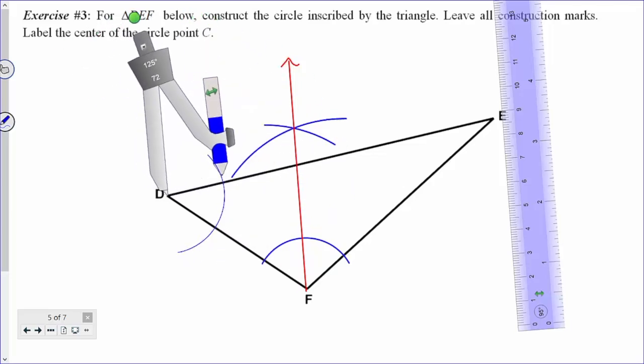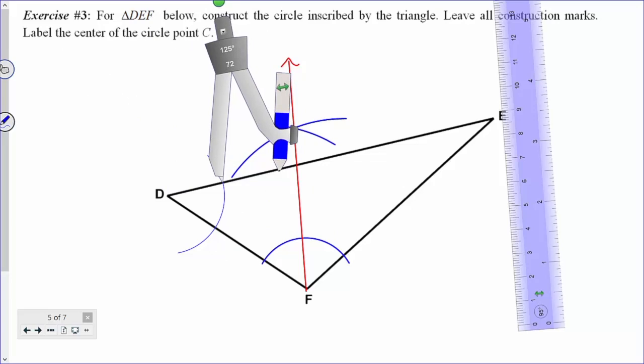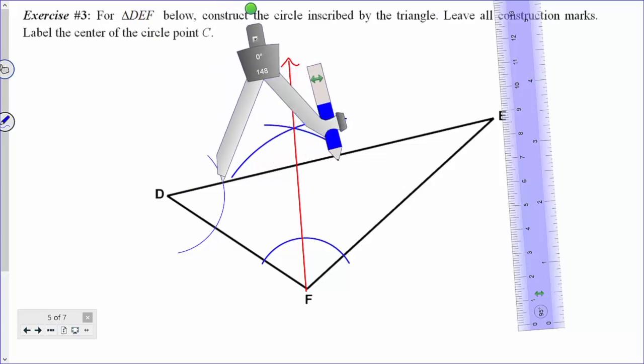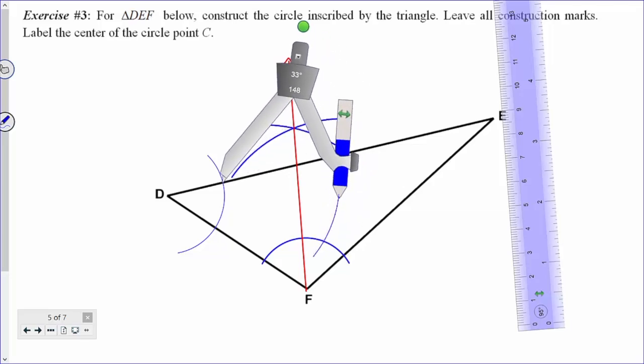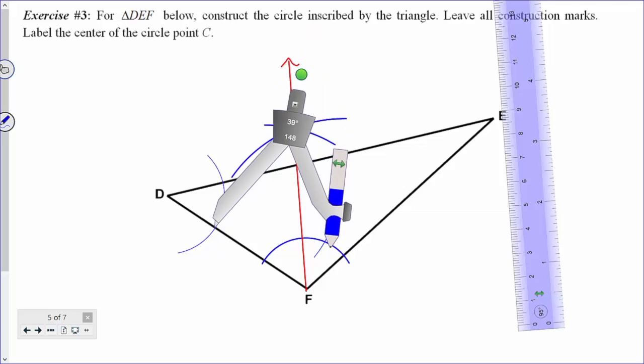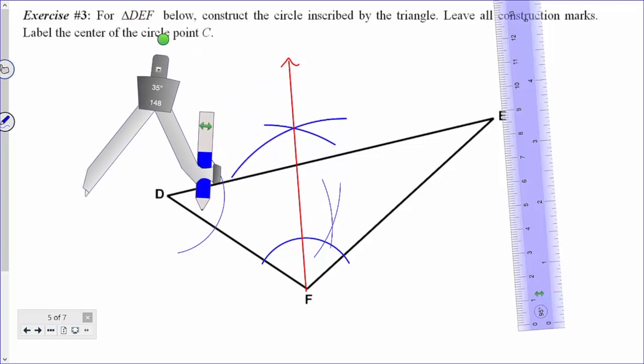Draw an arc through there. Let's now bring it so the tip is out there. Maybe make it a little bit bigger, see if that's going to get the job done. I think it will. So make my arc like that. Bring this one to here. Again, let's do another arc. Wonderful, they cross.